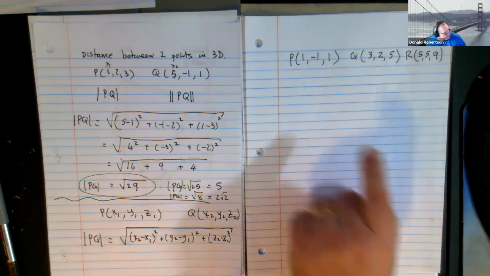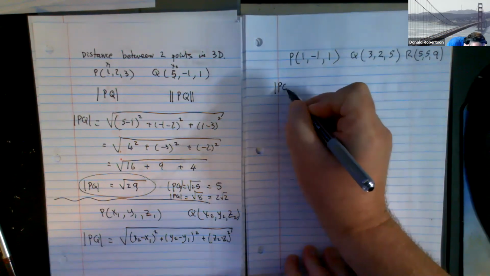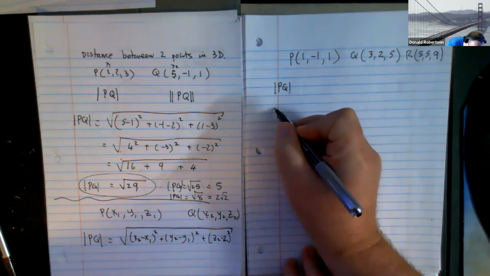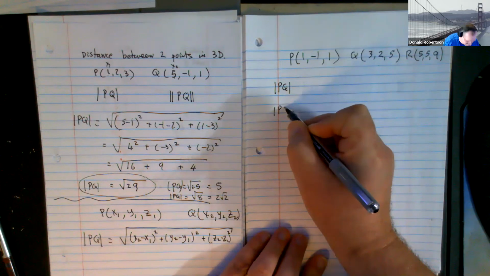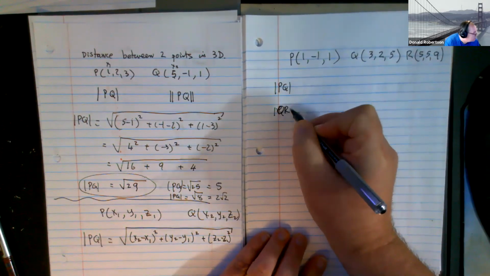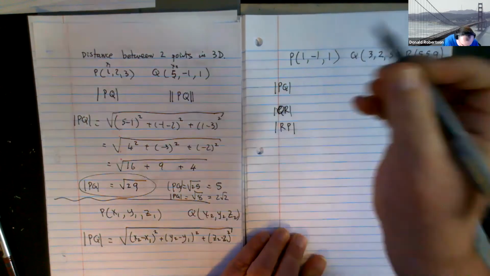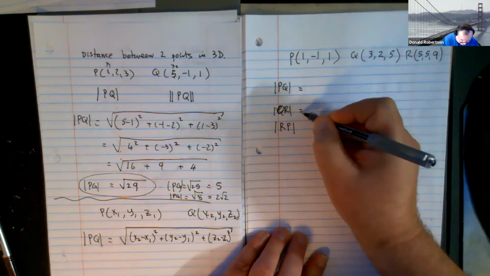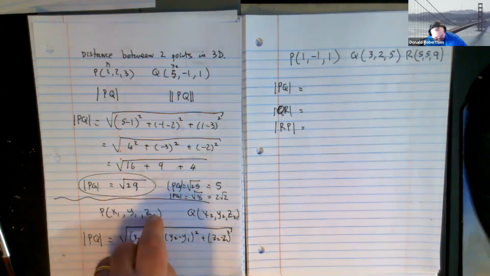The first thing we're going to be asked is to find these 3 distances. PQ, try to get it in order, QR, and then RP. And that's just more practice in this.